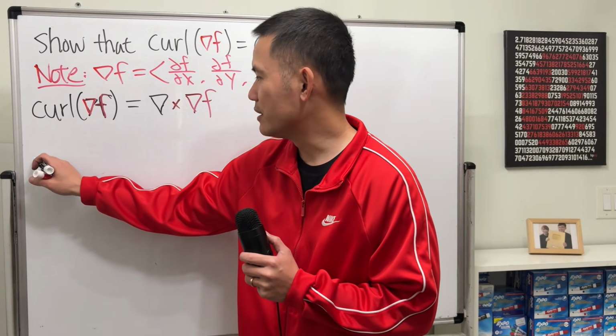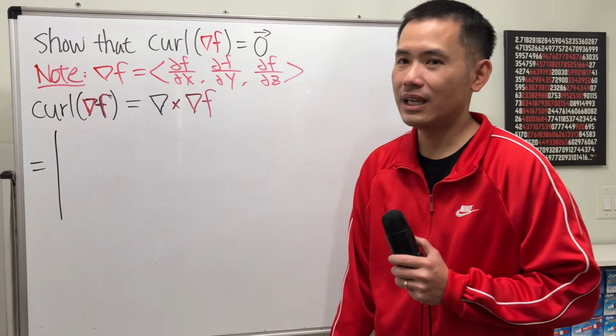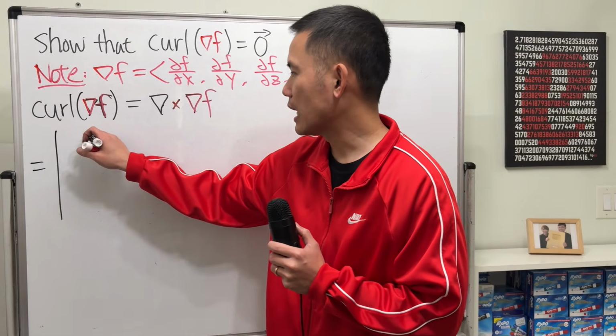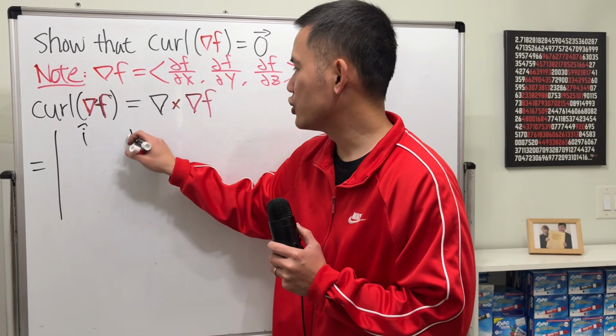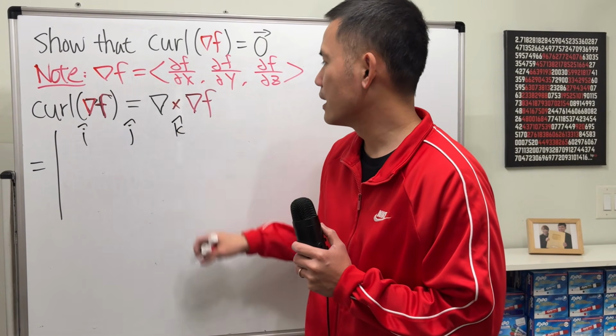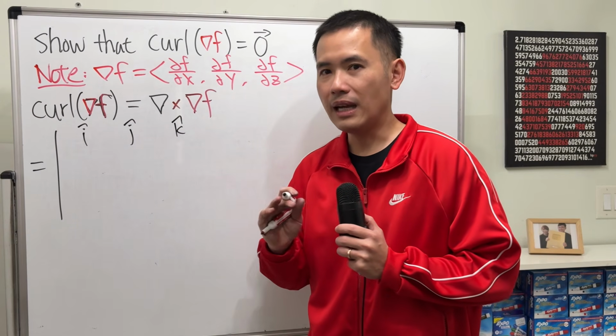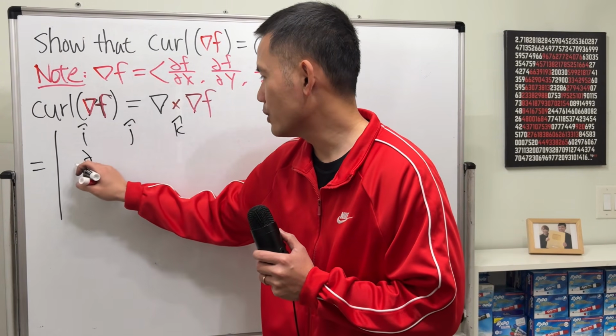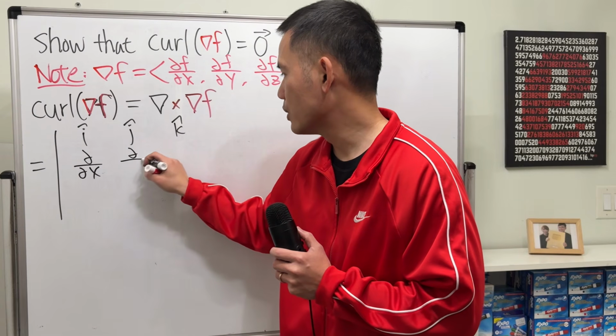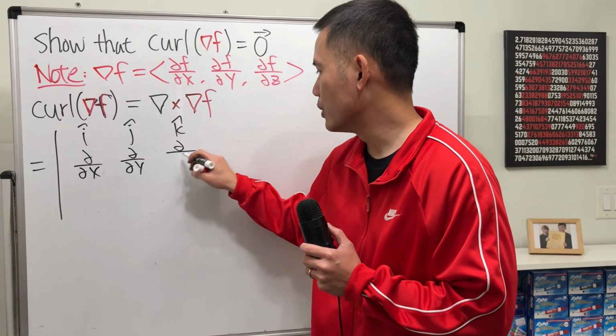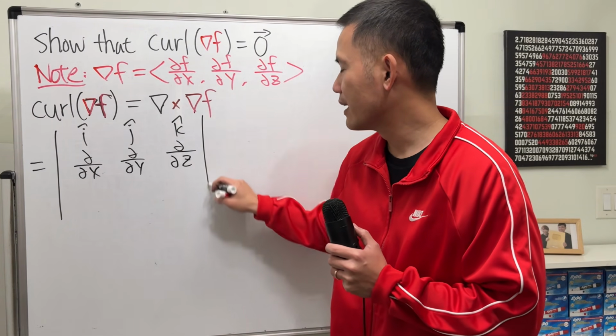Well, again, it will be the determinant. And here we once again have the 3×3 determinant. The top row is just the i, j, k unit vectors. And then for this del, it's the operators. So we have partial with respect to x, partial with respect to y, partial with respect to z.